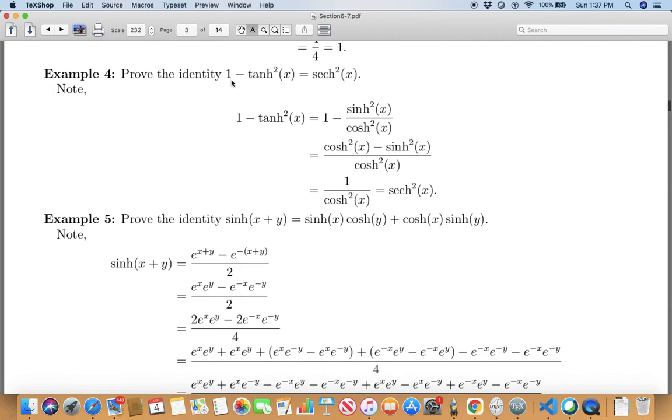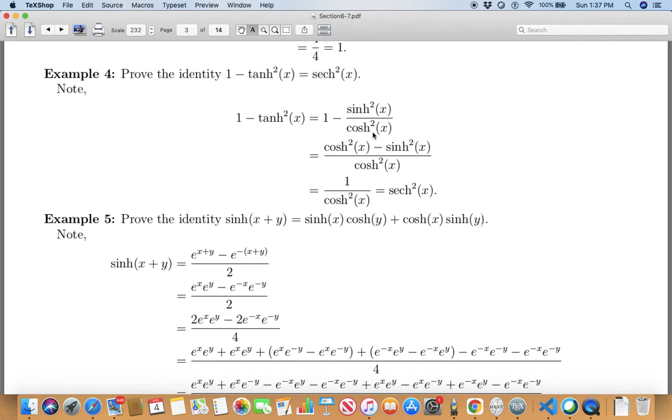Likewise, let's prove the identity 1 minus tan hyperbolic squared x is secant hyperbolic squared x. 1 minus tan hyperbolic squared x is 1 minus sine hyperbolic squared x over cosine hyperbolic squared x. That's because tan hyperbolic is sine hyperbolic over cosine hyperbolic.